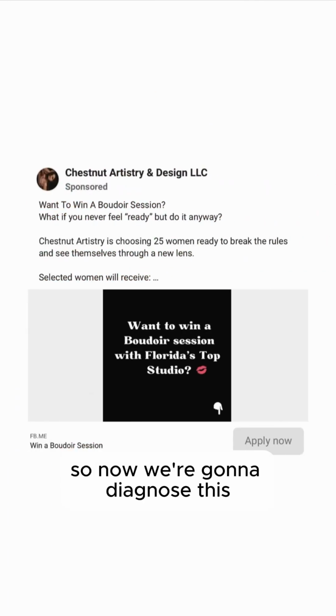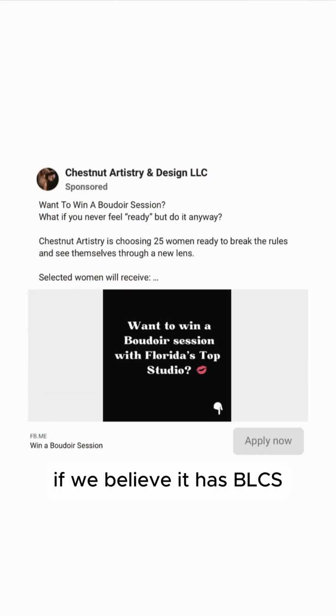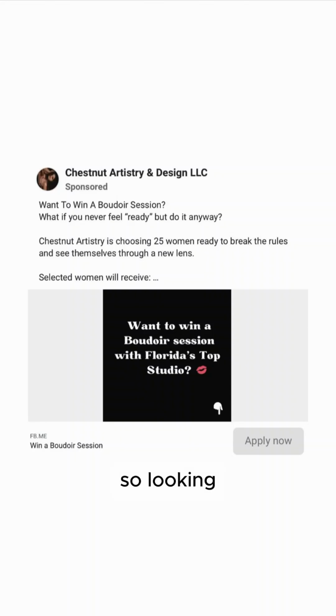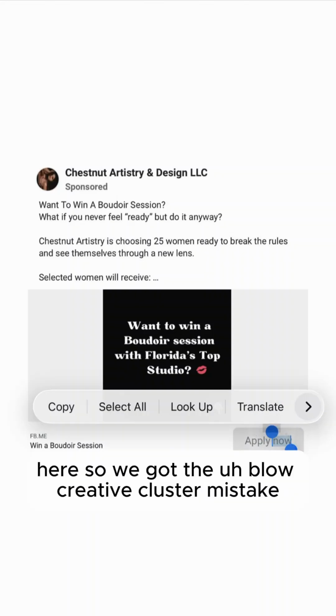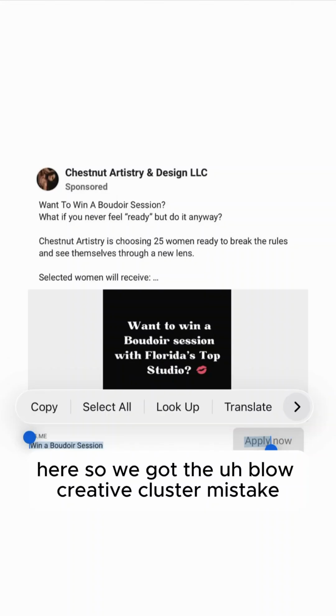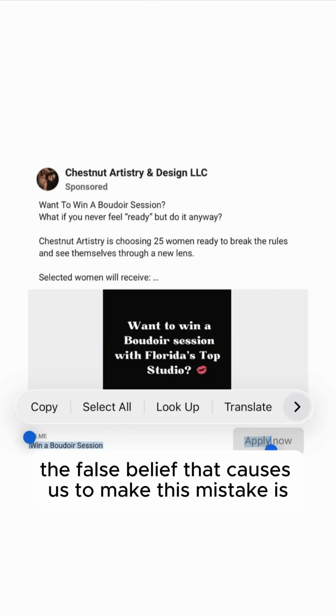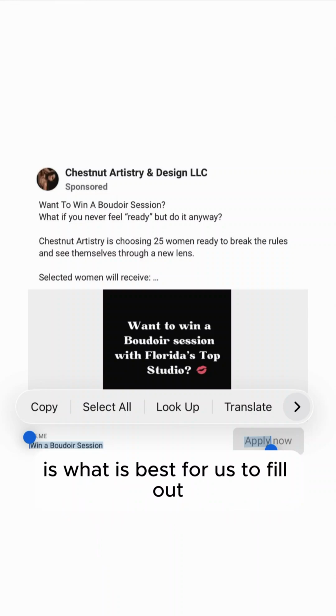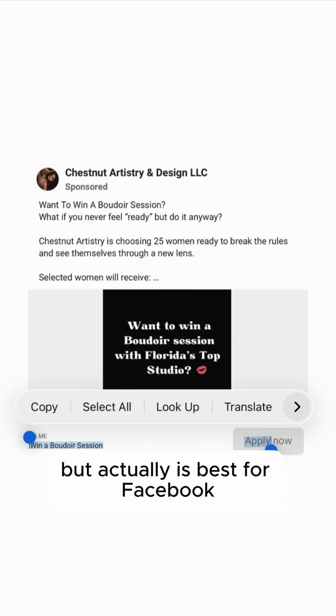Now we're going to diagnose this if we believe it has BLCS, aka Boudoir low click syndrome. So looking here, we got the below creative cluster mistake. The false belief that causes us to make this mistake is we're trusting what Facebook says we should fill out for our ad is what is best for us to fill out, but actually is best for Facebook.